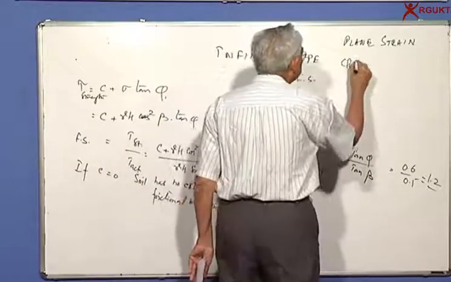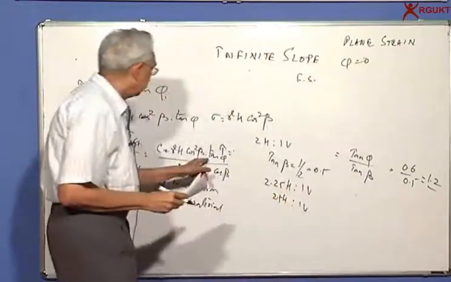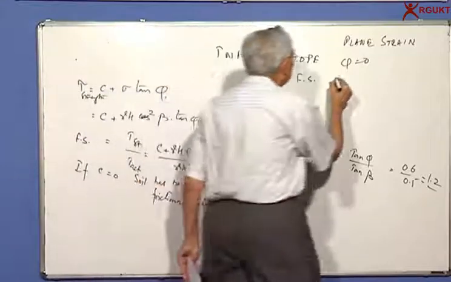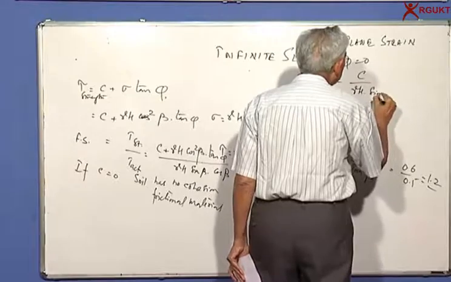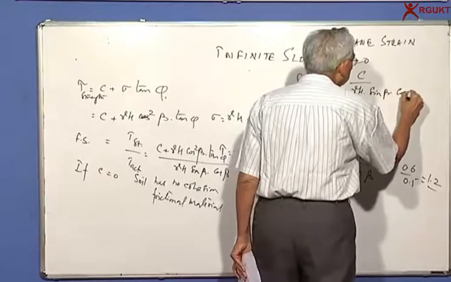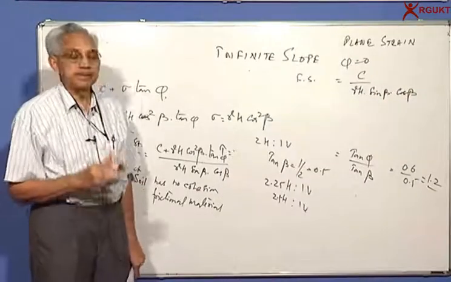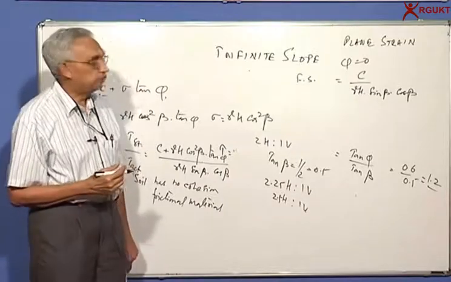If phi is 0, then what happens? This term becomes 0, and the factor of safety is equal to C by gamma h sine beta into cos beta. Very simple expression. Of course, phi doesn't come into the picture.